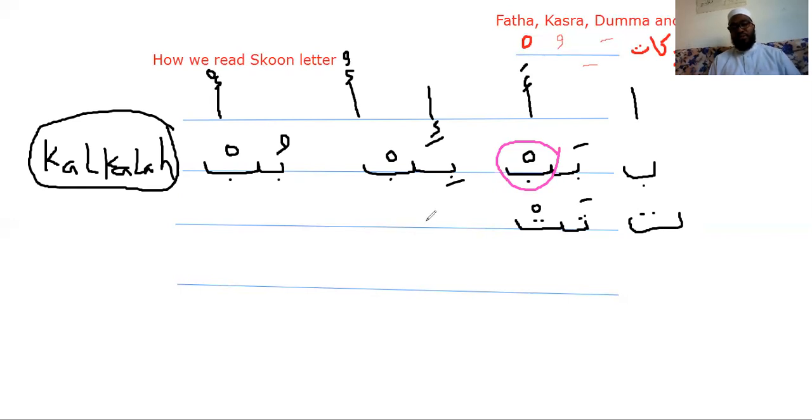And finally, it will be tut. And always remember, whatever vowel the letter before the sukun has applies. For example, bring the ba here: it will be bat, bit, but.